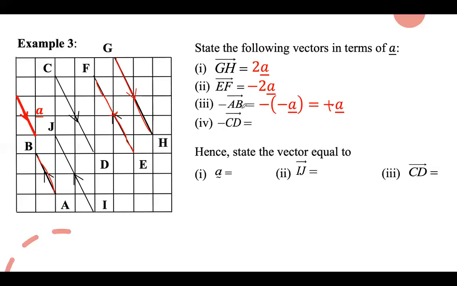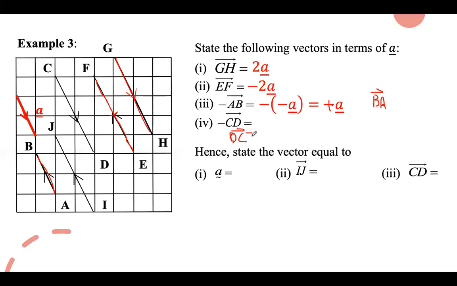So negative CD, this I understand, right? Negative AB means the direction is from B to A. So negative AB is actually vector BA. So same thing. CD, you can see here, negative CD is actually vector DC.